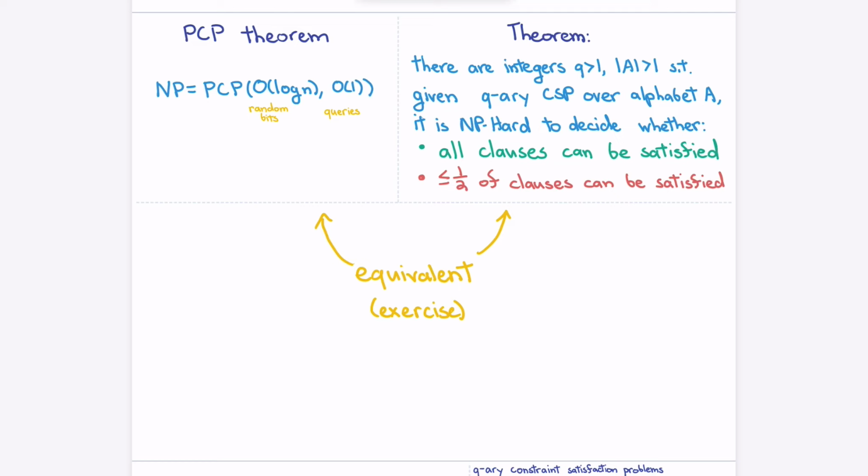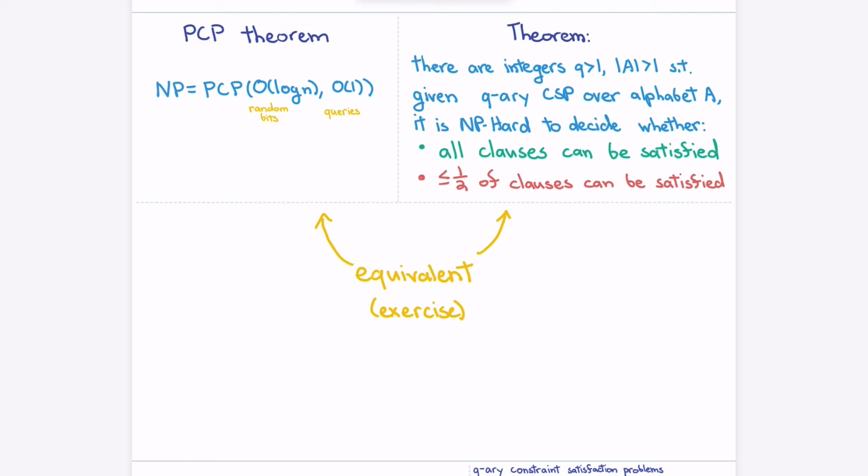Okay, so now the opposite: suppose NP is equal to PCP. So all problems in NP have a probabilistically checkable proof. Then we claim that this sort of half-or-none constraint satisfaction problem is NP-hard.